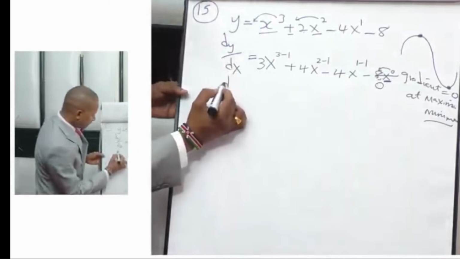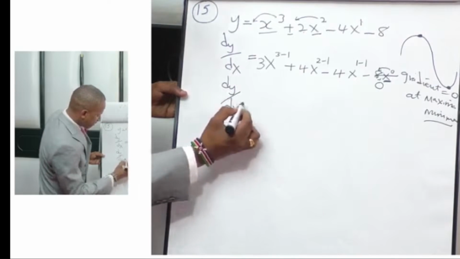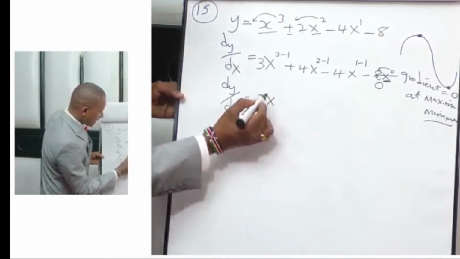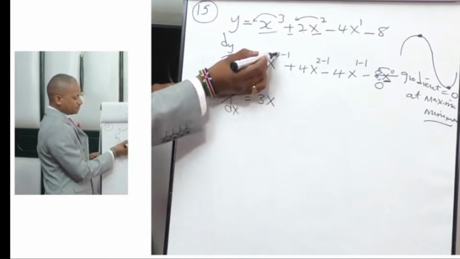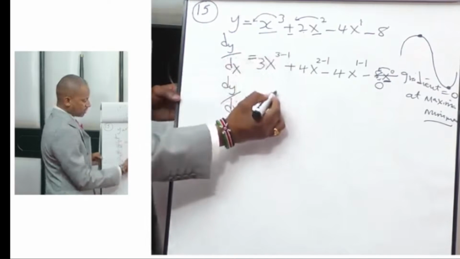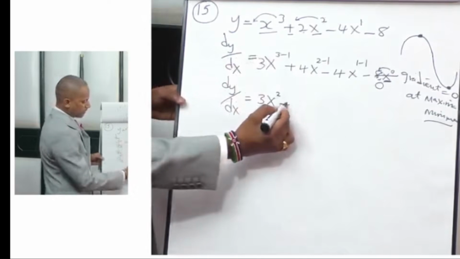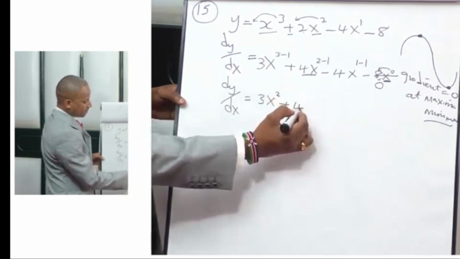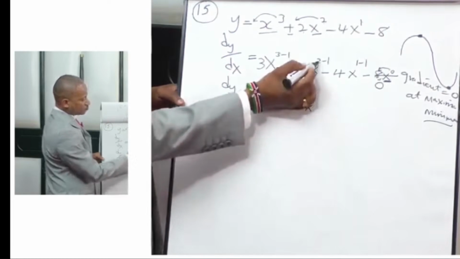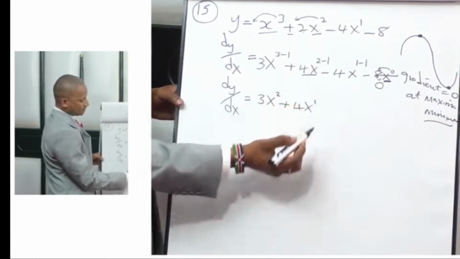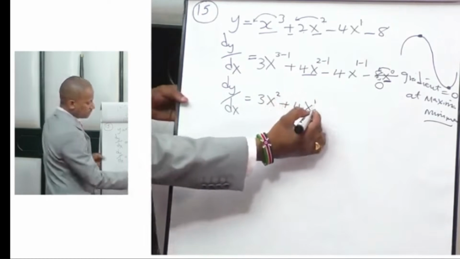So therefore, dy/dx equals 3x, 3 minus 1 is 2, plus this is 4x, 2 minus 1 is 1, so it is just 4x.